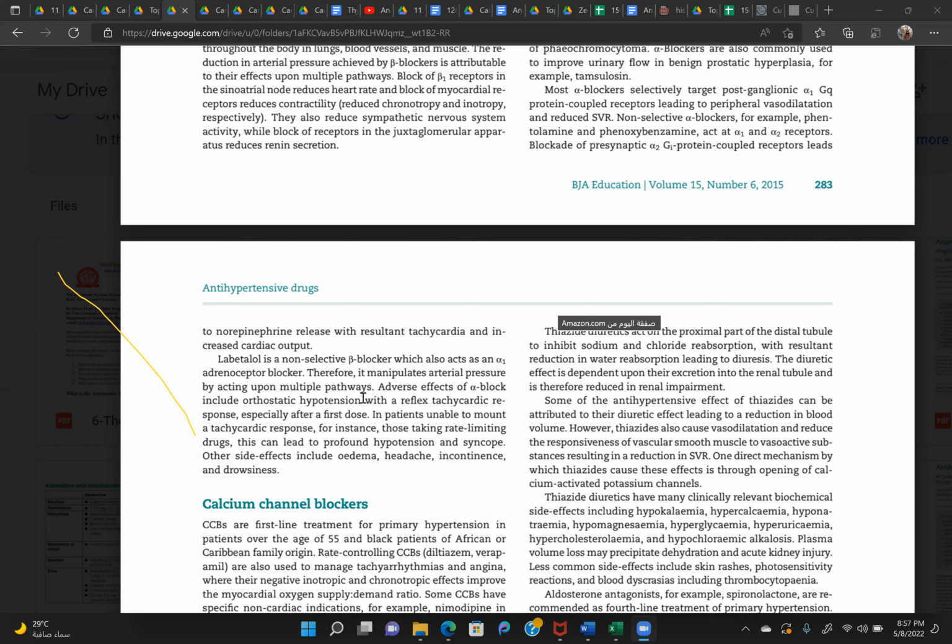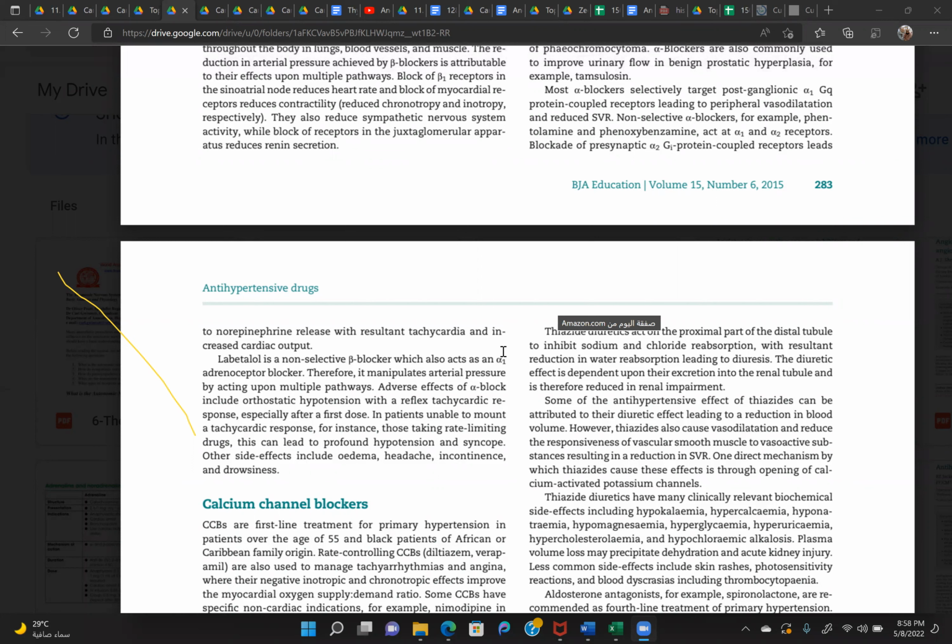I think it has more sensitivity to alpha receptors than beta receptors. I cannot recall at the moment, but you should know it because they can ask you in an MCQ, or as a concept you should know. If I'm not wrong, it has 20 times more alpha effect than beta effect.